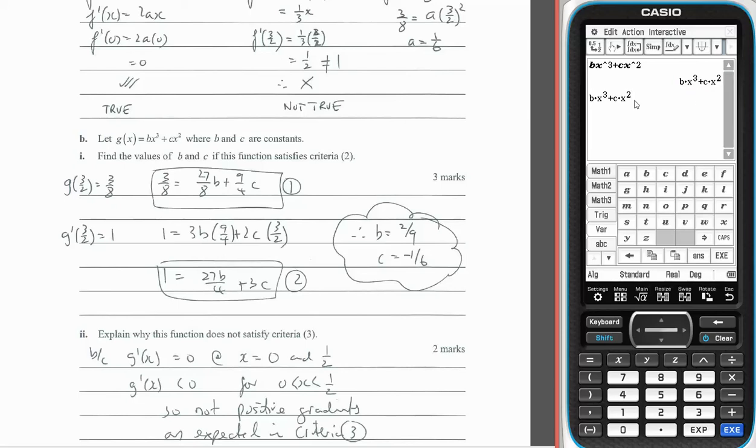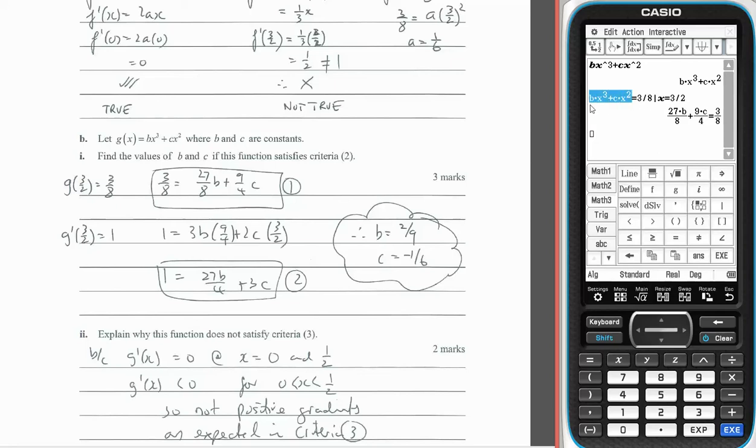And the first condition is that g of 3 on 2 is equal to 3 divided by 8, given x equals 3 on 2. And that gives me my first equation in terms of b and c.